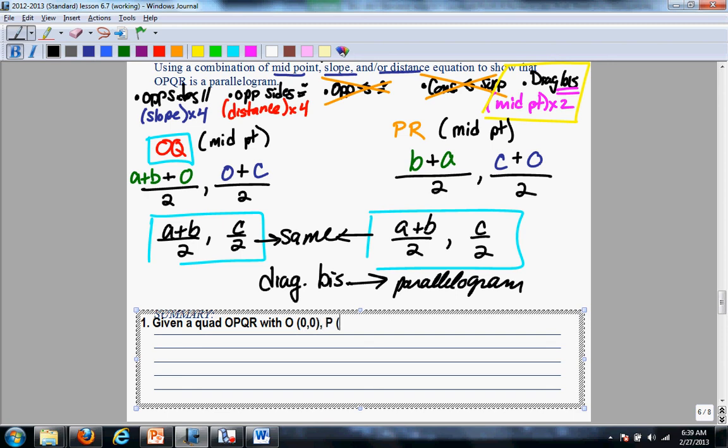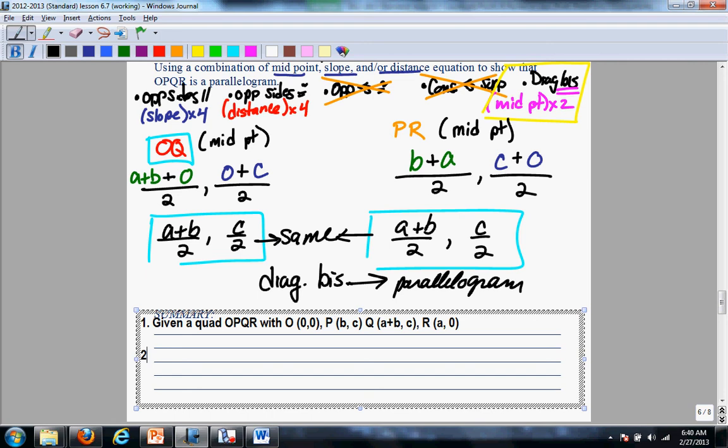P was at B, C. Q is at A plus B, C. And R was at whatever that A coordinate is, and 0.